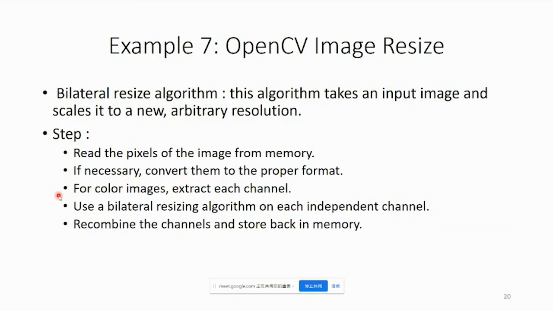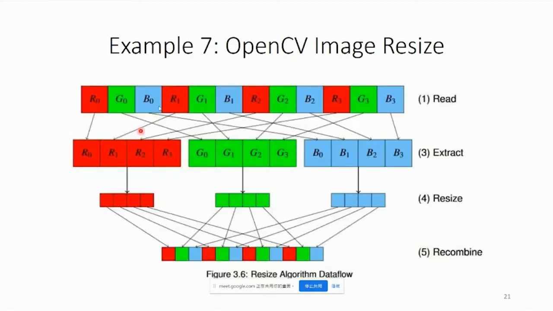For the color image, we extract each channel, the channels being RGB, and use a bilateral resizing algorithm on each independent channel. Then we recombine the channels and store them back in memory. This is the step I talked about. First read the data, then extract each independent channel, then do the resize in each channel, and then recombine the data. Then we can get the resized data.